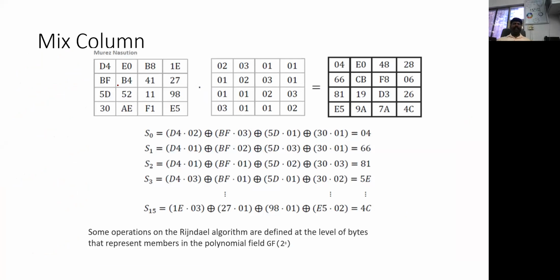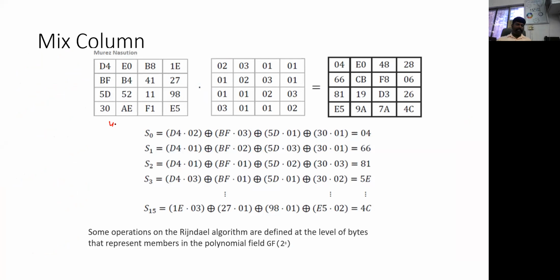So this is how we can perform the mix column operation based on the values we considered. Suppose we have the example D4, which is the value stored in the state array, multiplied by a constant value, with the matrix D4 BF 5D 30 and 02 03 01 01.